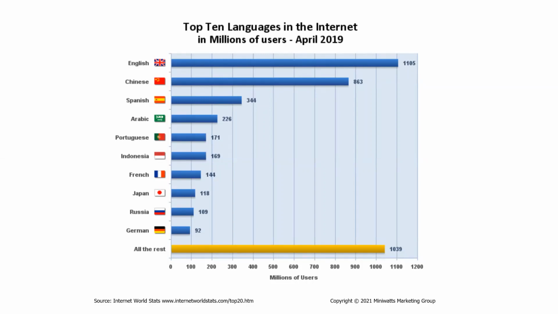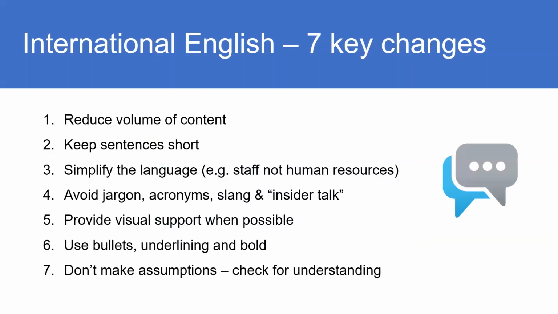And also, in case of language, it's important to note that you could take a first step by utilizing, and I mentioned it earlier in the website strategy pathway, international or global English. You can Google that on search terms and it'll tell you a bit more, but here's just 7 quick key changes that you might make to your English content if you're internationalizing the English on your website.